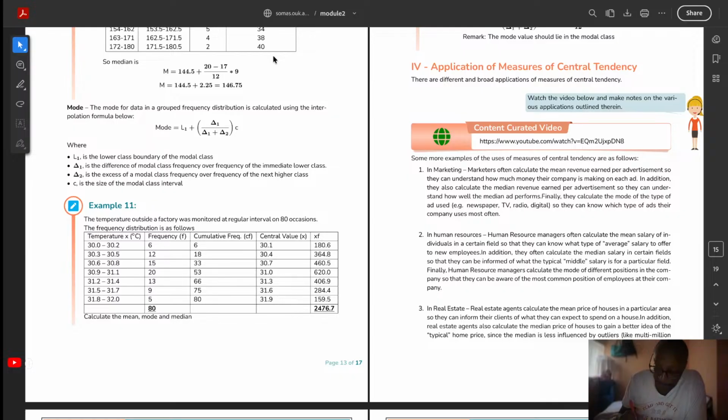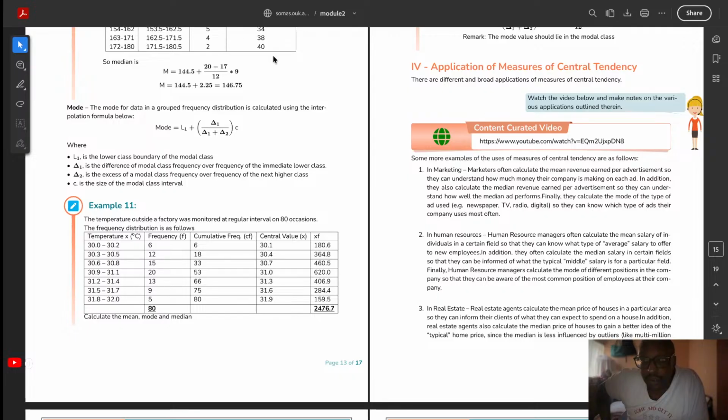So in marketing, marketers often calculate the mean revenue per advertisement so they can understand how much money their company is making on each ad.